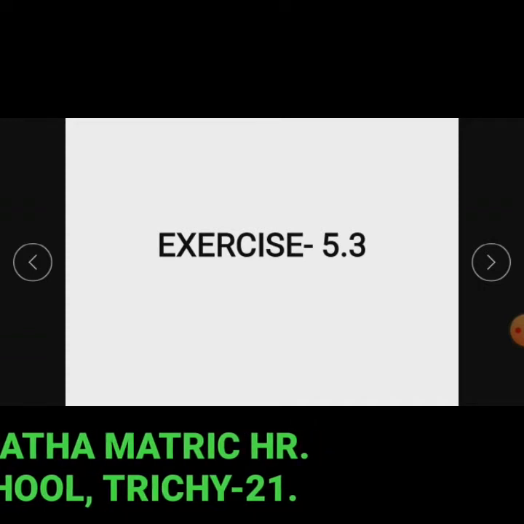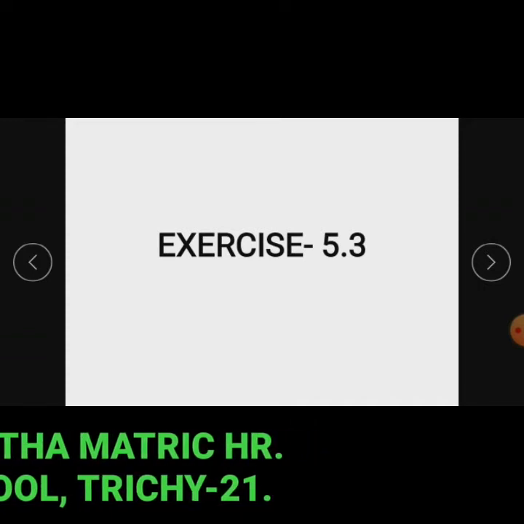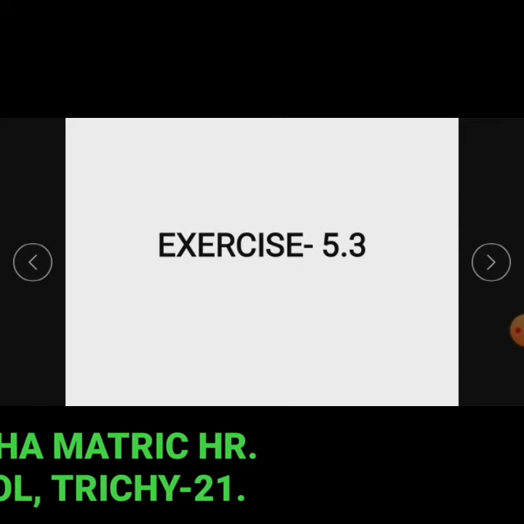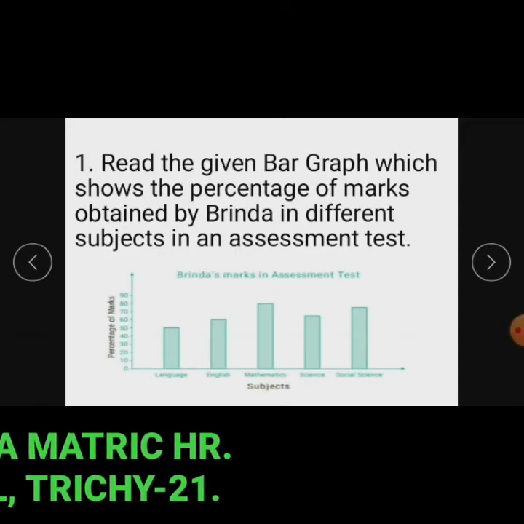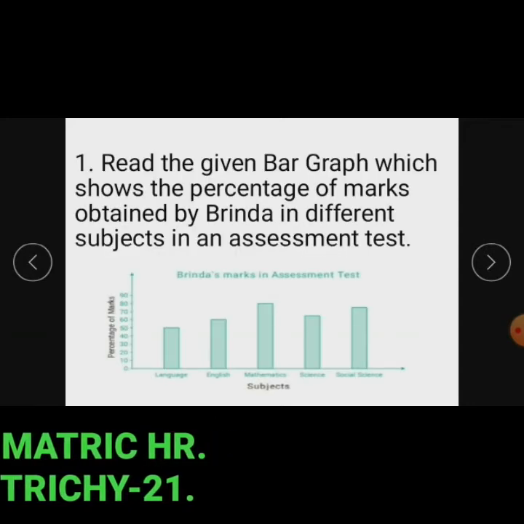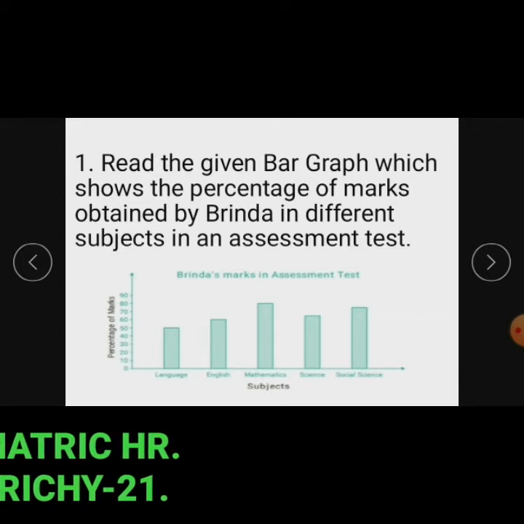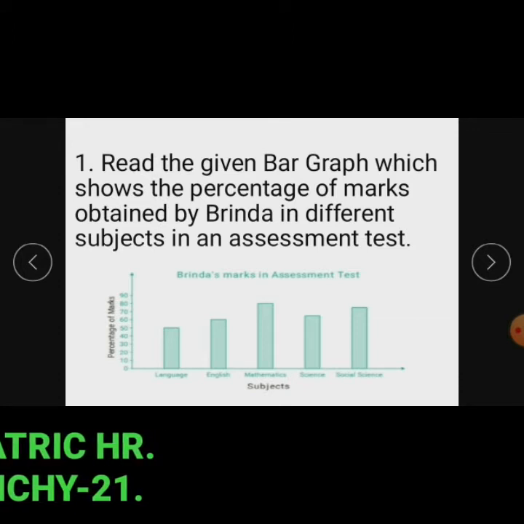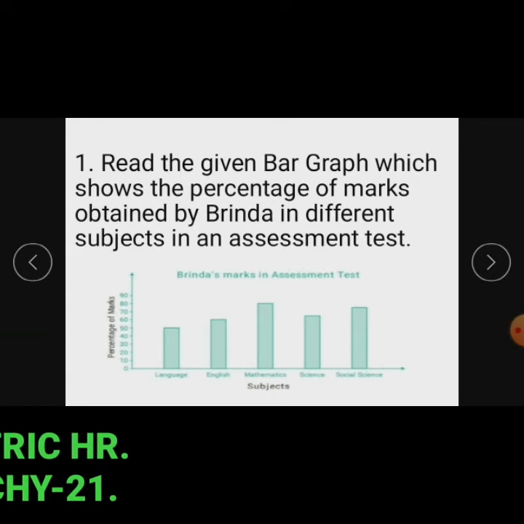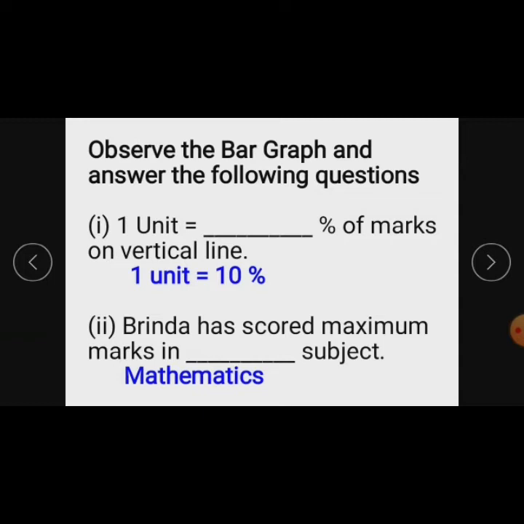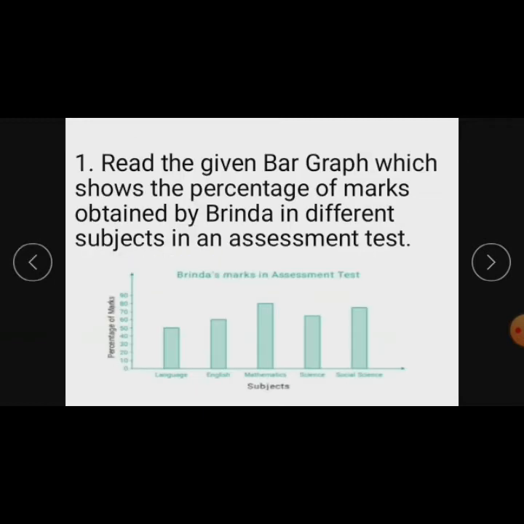Now I am going to explain the sums given in exercise 5.3. Read the given bar graph which shows the percentage of marks obtained by Brinda in different subjects in an assessment test. In language, 60 marks.